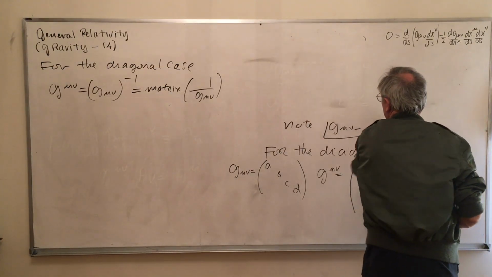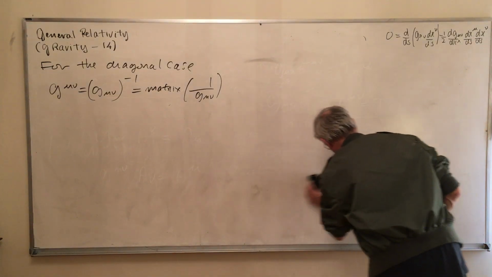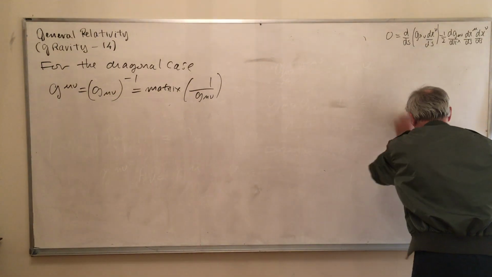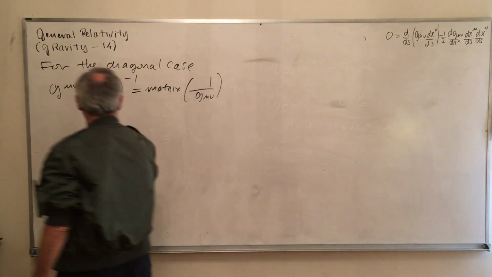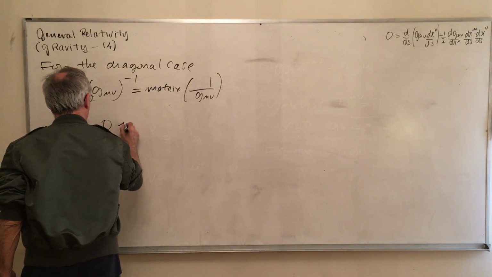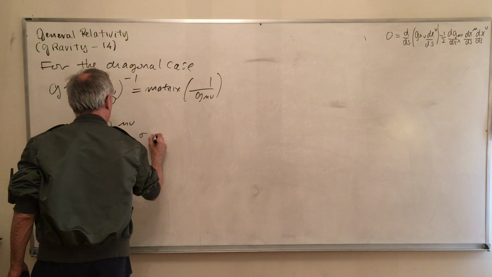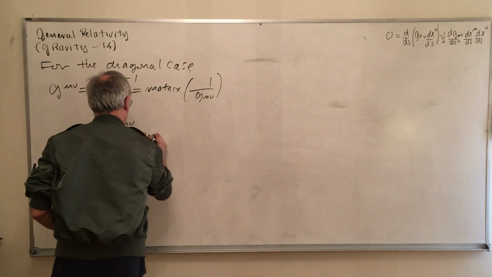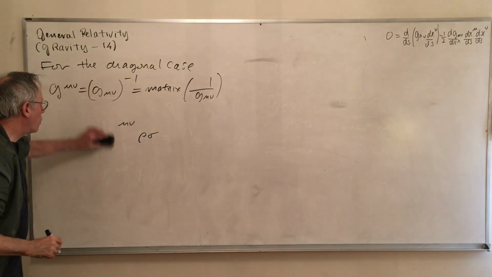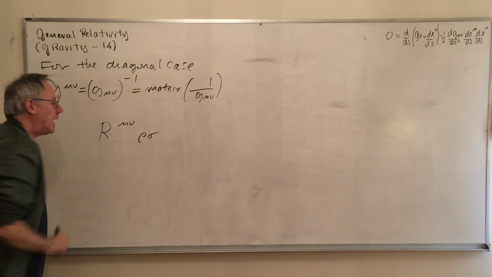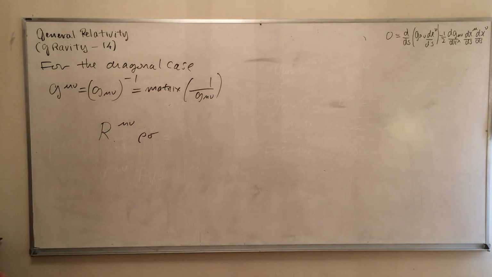Let's do a mixed tensor. Here's a rank 4 tensor. Actually, it will be the curvature tensor later on.